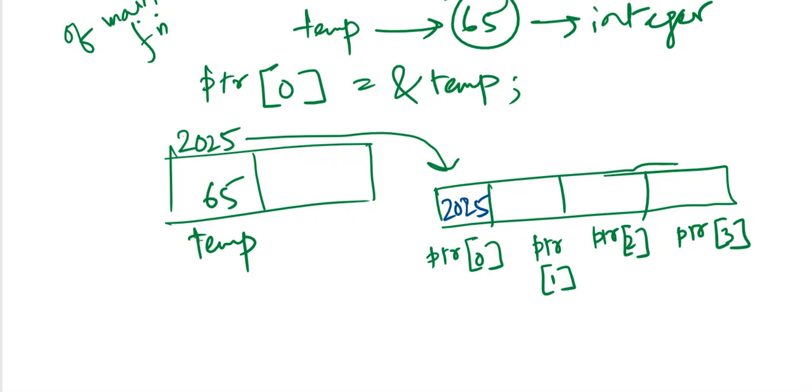But here we attempt to store the address of temp in the first element, ptr[0], pointed to by a pointer.